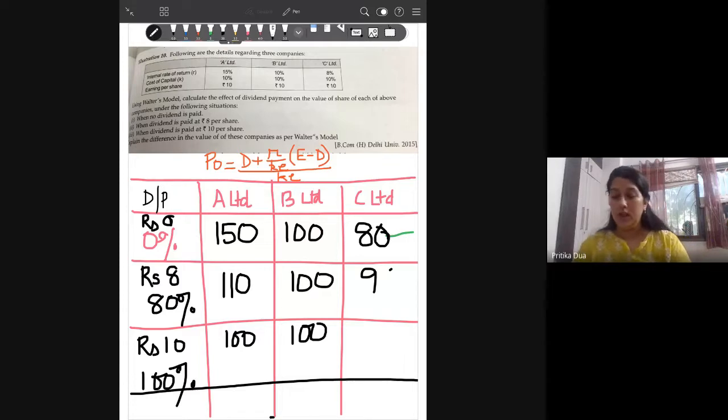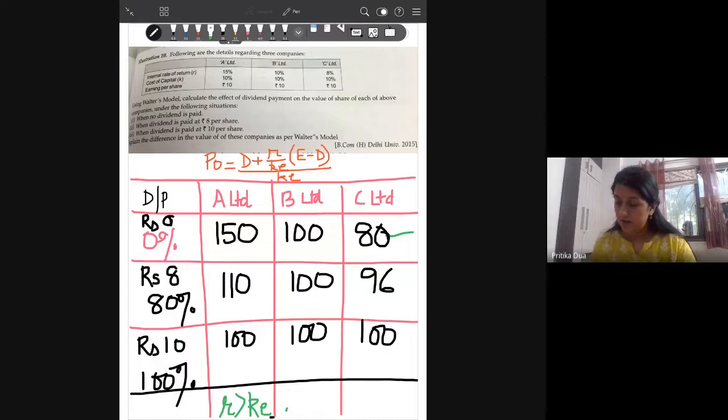Now, in the last part of the question, you have been asked to explain the difference in valuation of the three companies. The best explanation is that all three firms are different from each other in the sense that A Limited has a return on investment greater than the cost of equity.